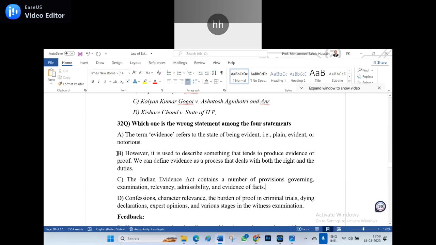However, it is used to describe something that tends to produce evidence or proof. We can define evidence as a process that deals with both the rights and the duties. Where is the wrong?